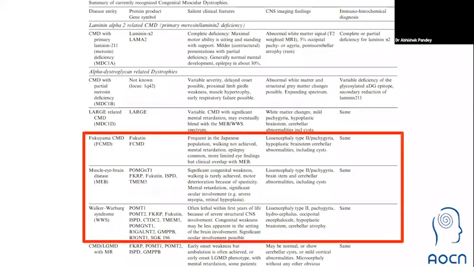So when we find a delayed child with raised CK, with ocular abnormalities, with a cobblestone pattern, initially it was called lissencephaly type 2. So we have very few differentials. We come to congenital muscular dystrophies with dystroglycanopathies, and probably we are dealing with one of three: Fukuyama, muscle-eye-brain disease, or Walker-Warburg.